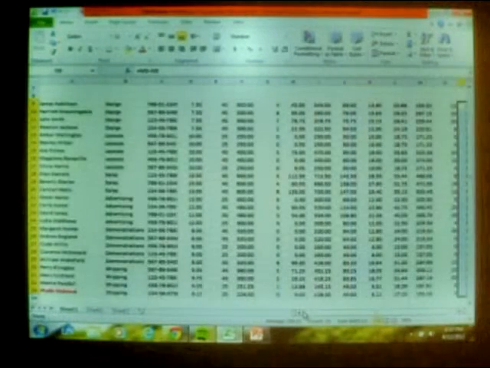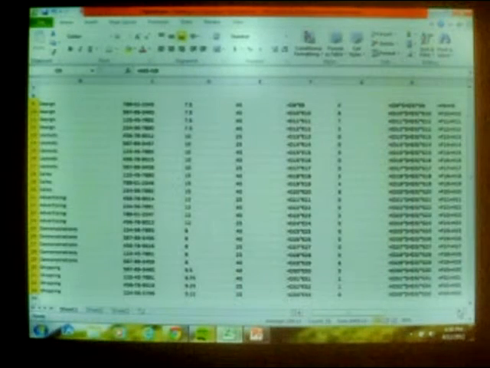Okay, so now we have the information we need to make the weekly payroll. And what I'd like to show you at this point, we're selecting Control and Accent so we can take a look at the formulas that we used to get the information that we need.